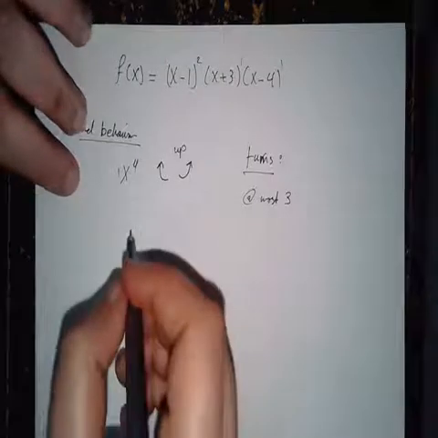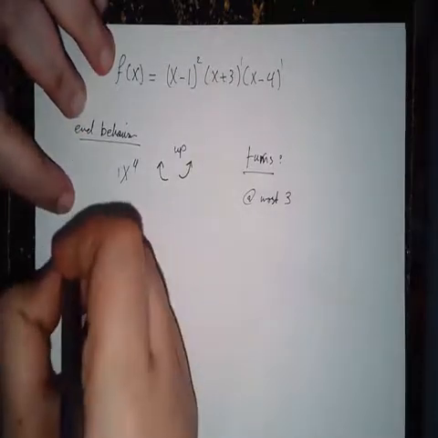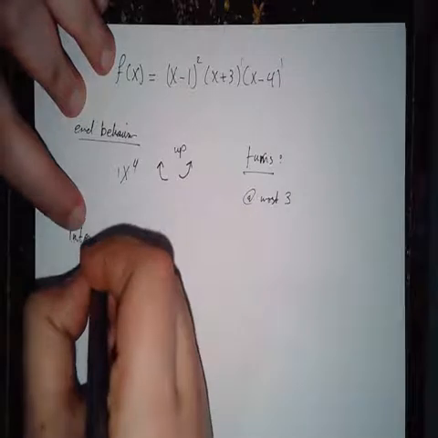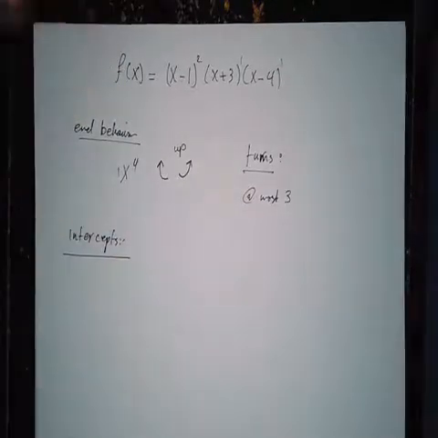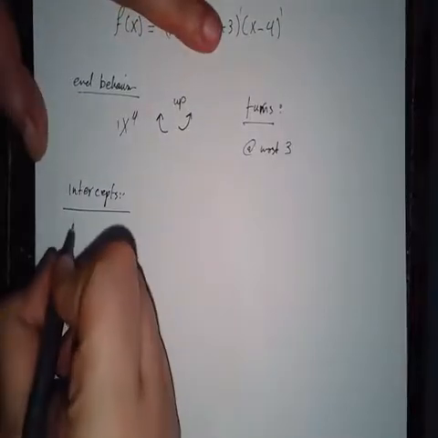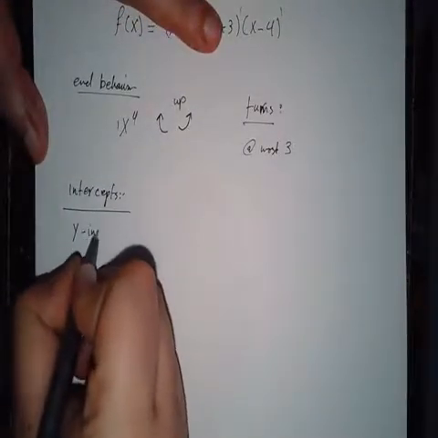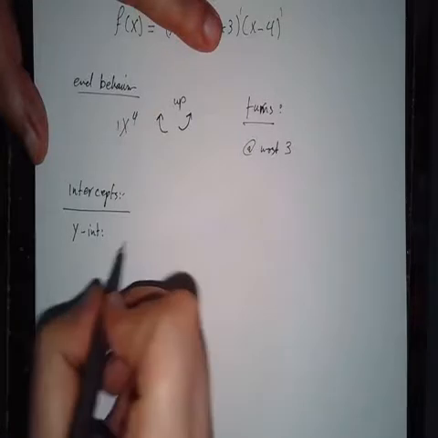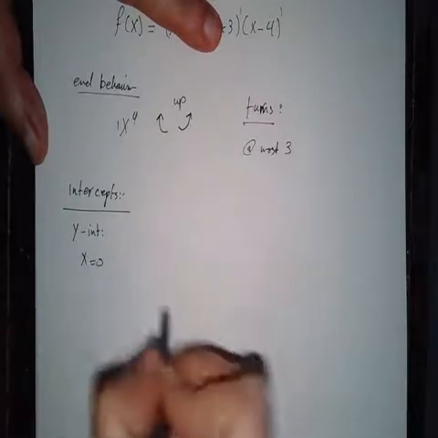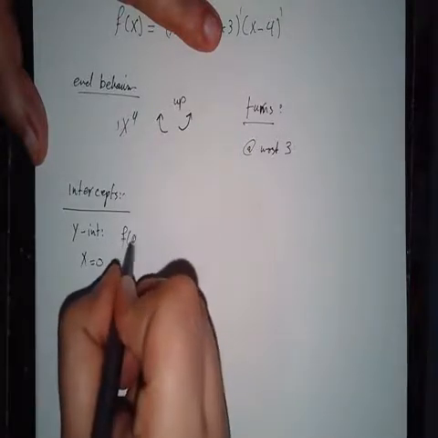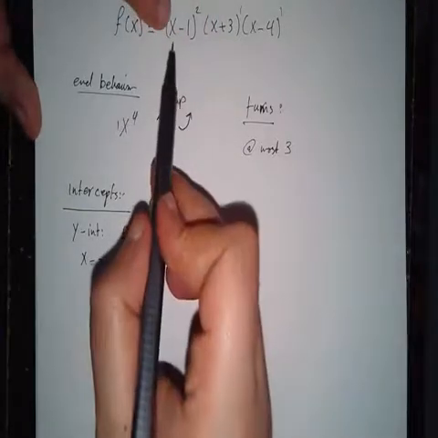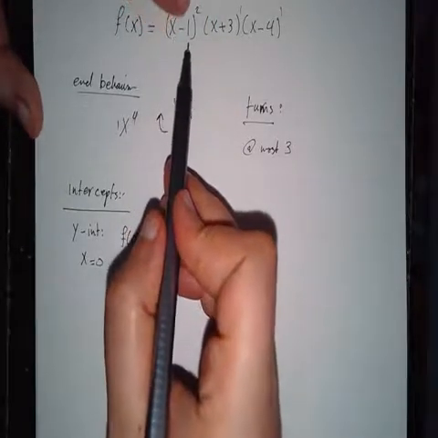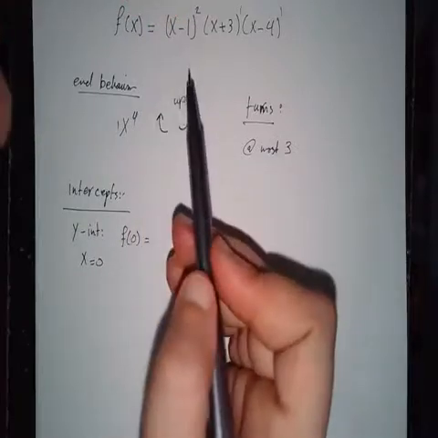Okay. What about intercepts? Let's start with the y. To find the y-intercept, we set x to be what? x needs to be 0, which basically means you're finding f of 0, right? You just plug 0 into the function. So let's do that. If this is 0, this ends up being 0 minus 1. Negative 1 squared, that's positive 1, right?